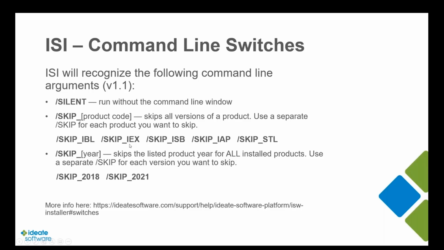You can mix and match the switches, and then the skip will do the same for year. So if you have some users that don't have 18, you have some users that do, or 20, or enter your favorite year, you can configure the installer the way your particular users need it.